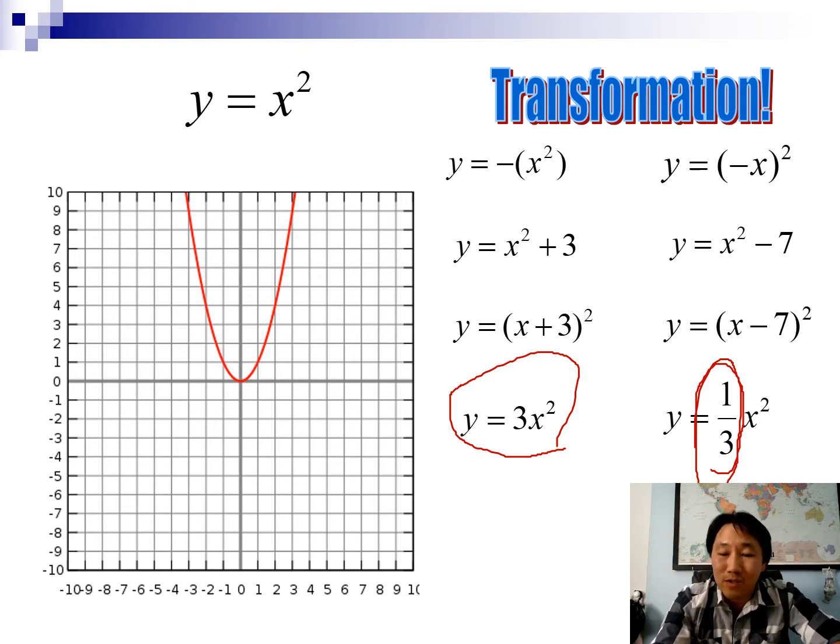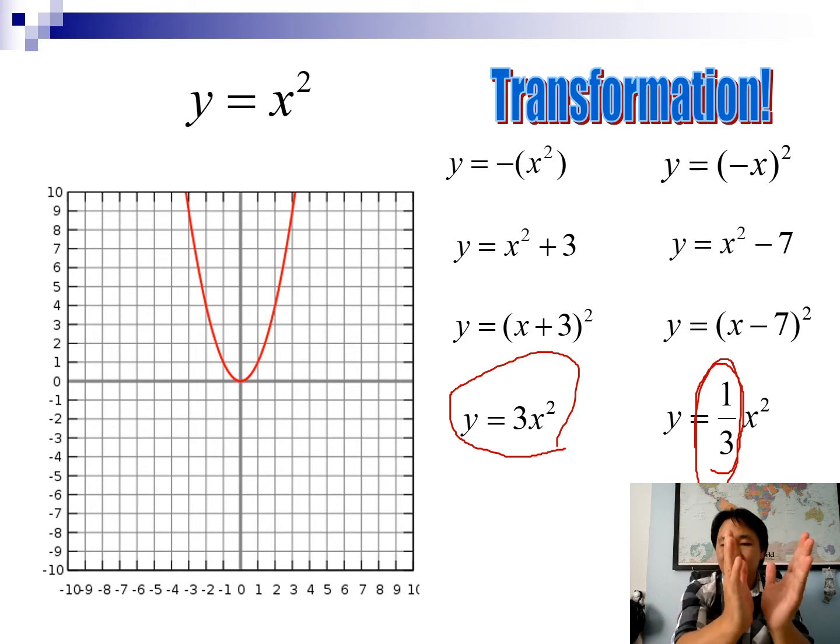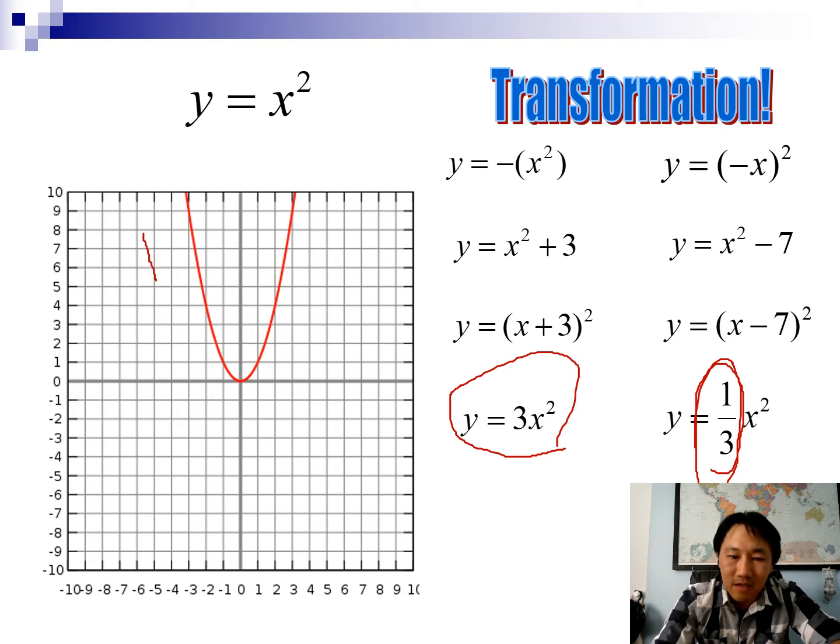So the mathematical term for something getting wider is vertically compressed. You're squishing it down, so then the graph gets wider. And so it would look something like this. That means symmetric. I apologize again for my rough freehand drawing, but there it is.